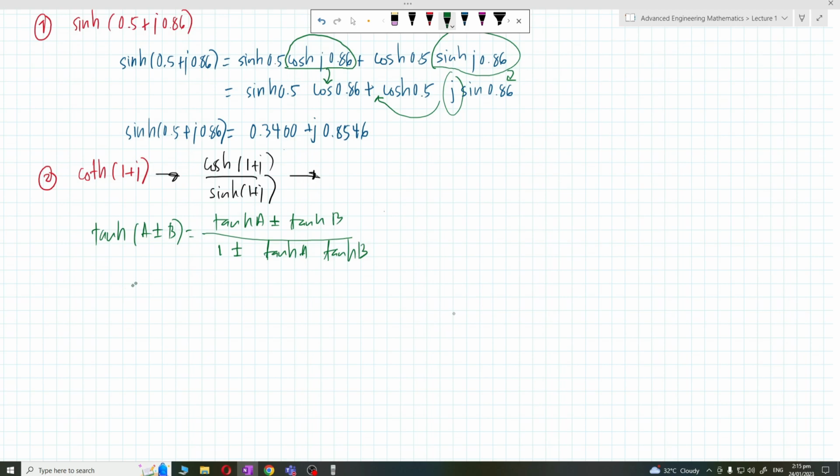Babaligtarin mo lang ito. Yung cotangent of A plus minus B is the same as 1 over tan hyperbolic of A plus minus B.